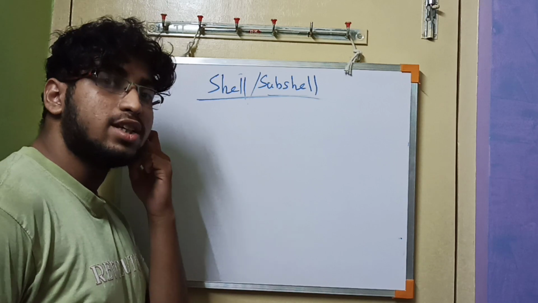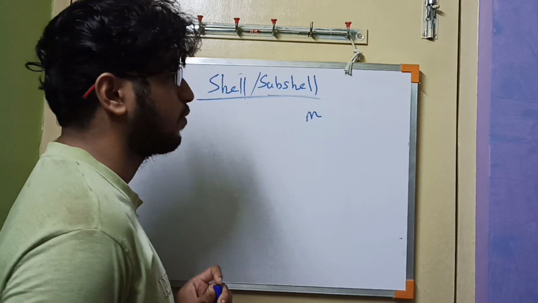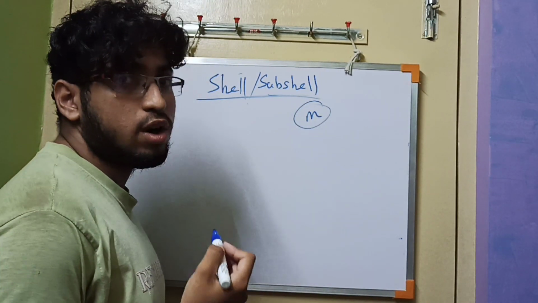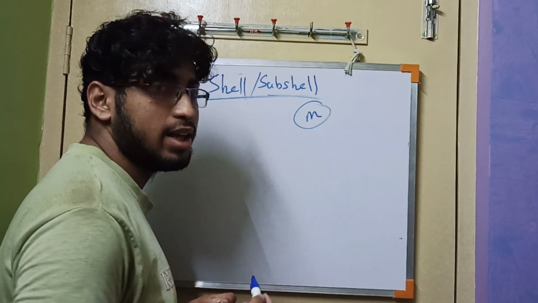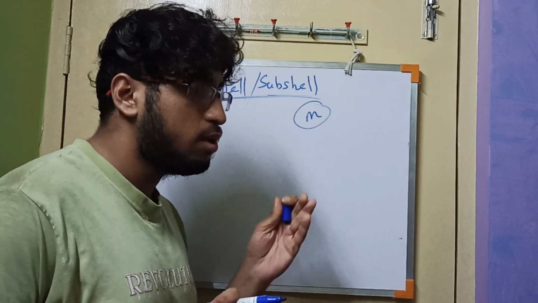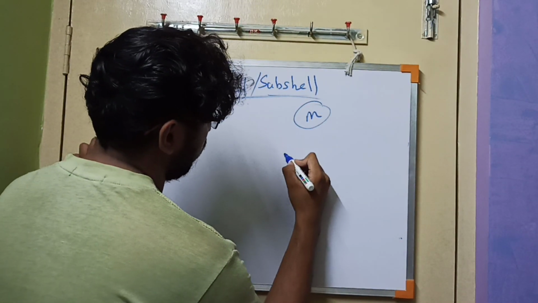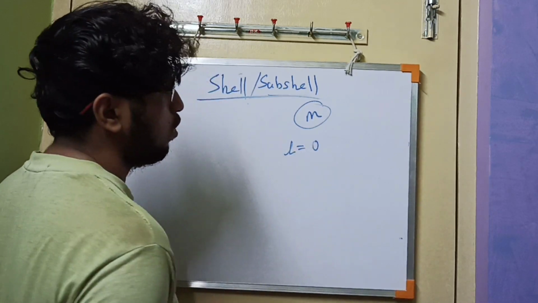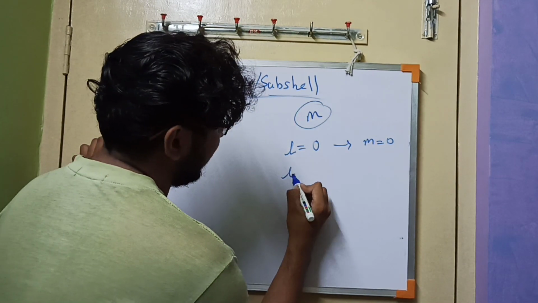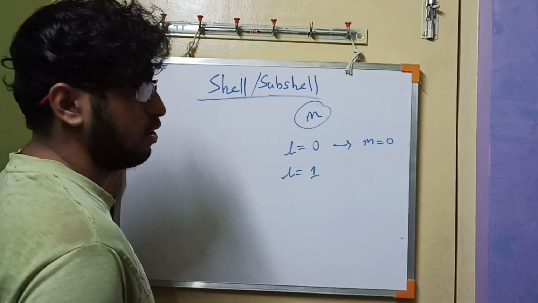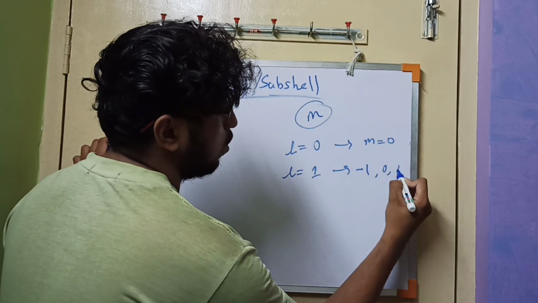Now we have to estimate the magnetic quantum number, that is small m. For every value of l, m has a span from the negative value to the positive value. That means for l equal to 0, m is also 0. For l equal to 1, it is -1, 0, +1.